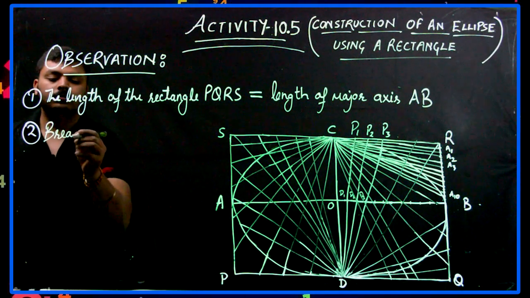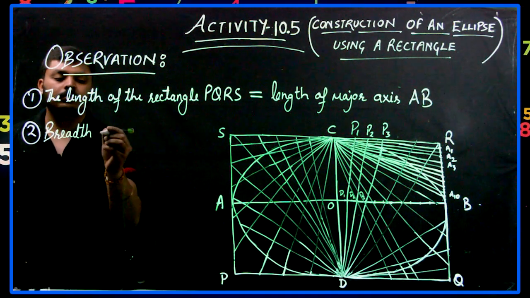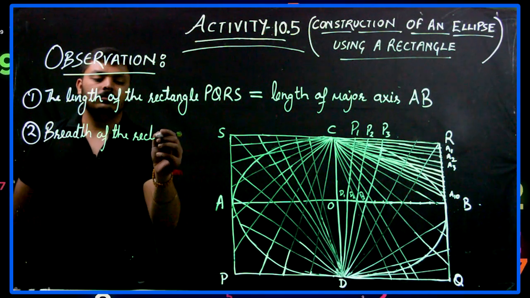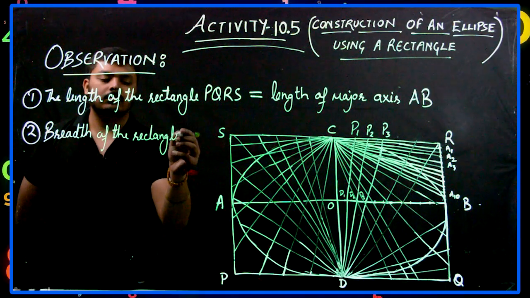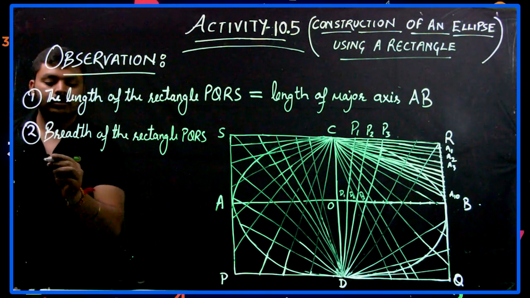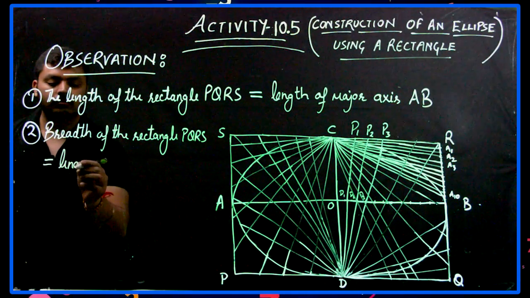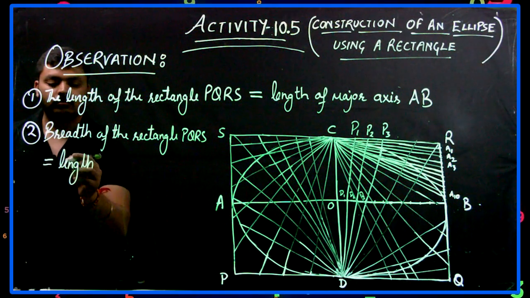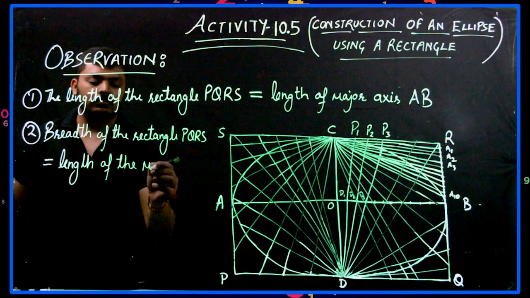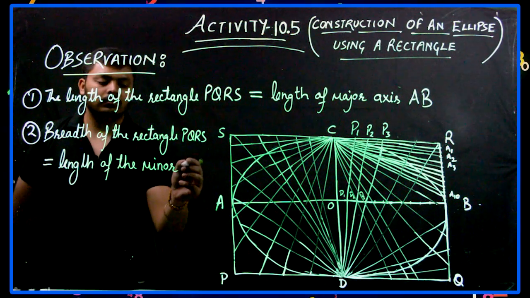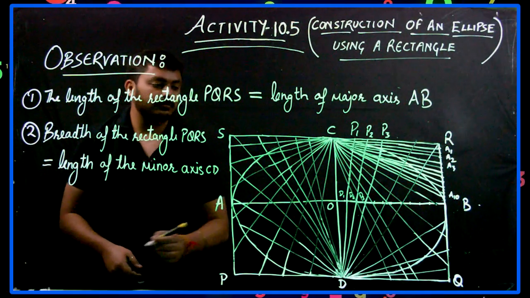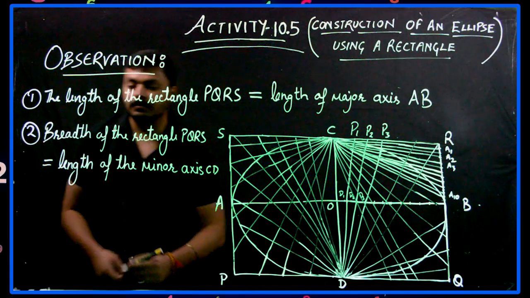Second, the breadth of the rectangle PQRS is equal to the length of the minor axis CD, as CD is the minor axis.